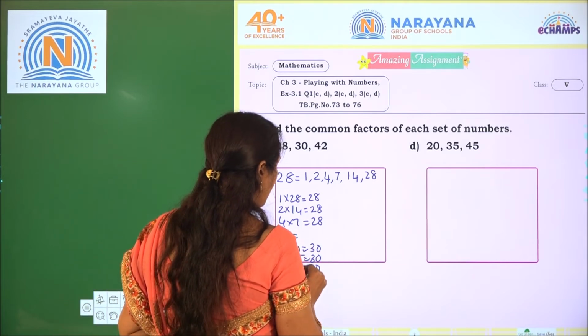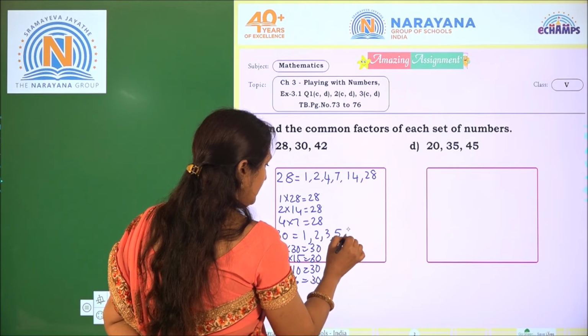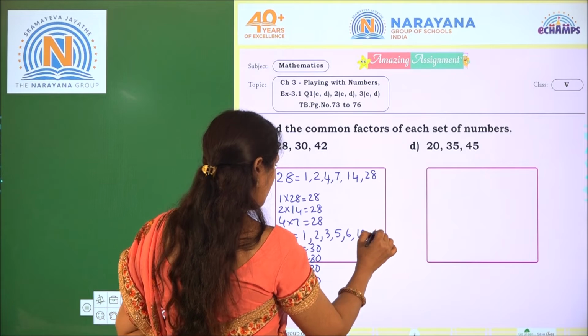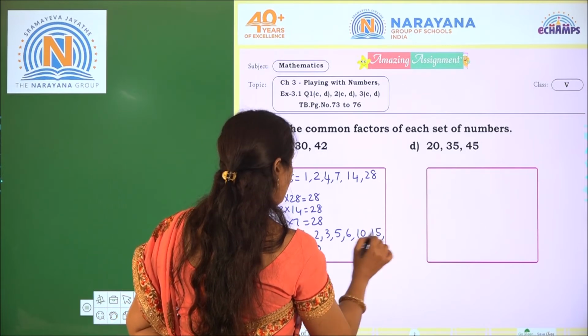So the factors of 30 are 1, 2, 3, 5, 6, 10, 15 and 30.